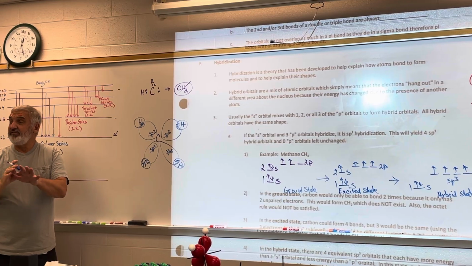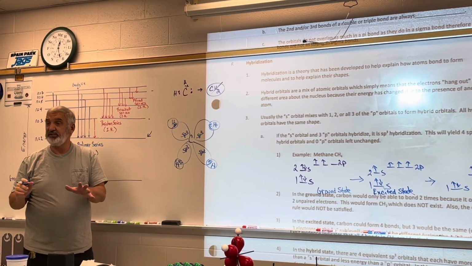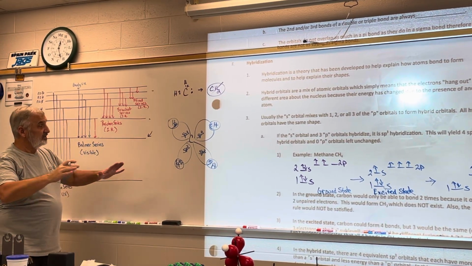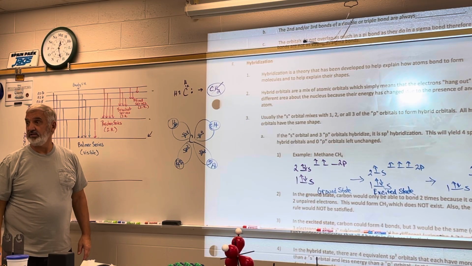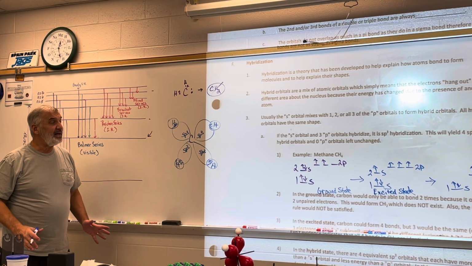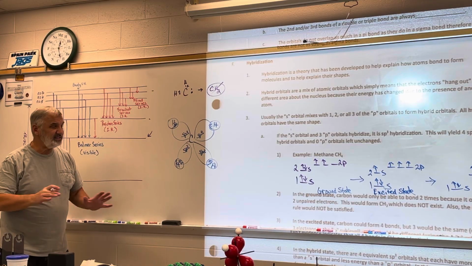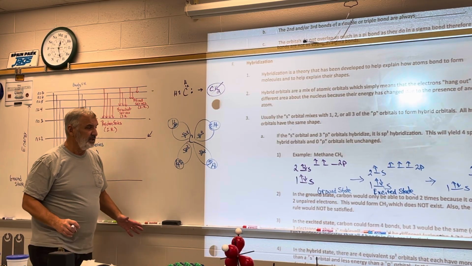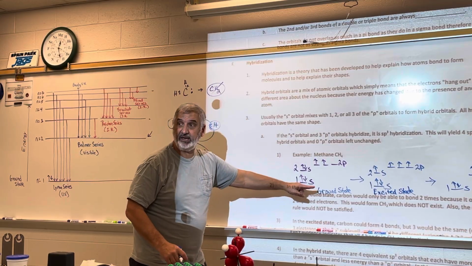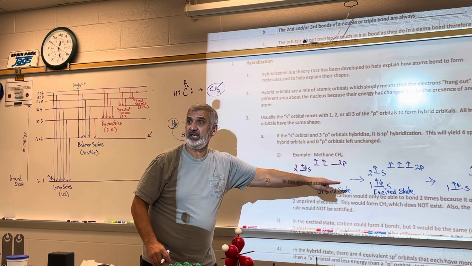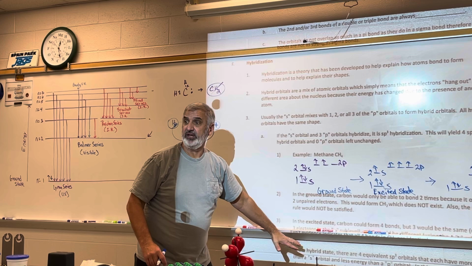The valence shell electron pair repulsion theory is going to cause the 4 pairs of electrons to all shift. Now we can apply this principle to many different atoms. I go through here, this is 2, 3, and 4, and explain everything about the ground state, excited state, and hybrid state.